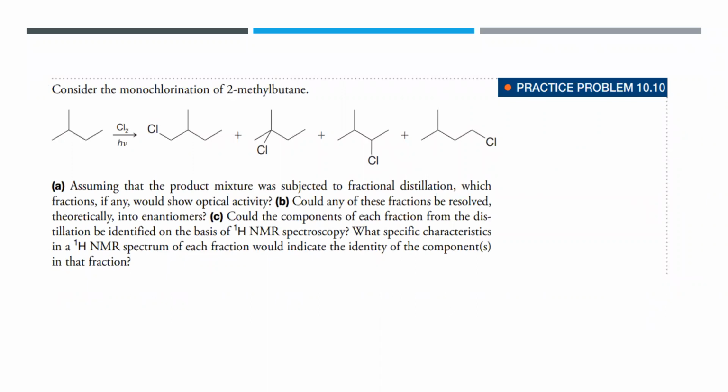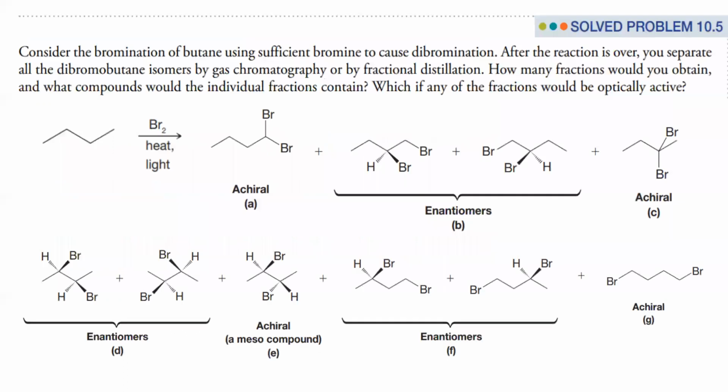Let's do here, consider the monochlorination. Whenever you produce the stereoisomers, you can always separate that one by fractional distillation or by gas chromatography. For enantiomers, yes, you can also do chromatography.